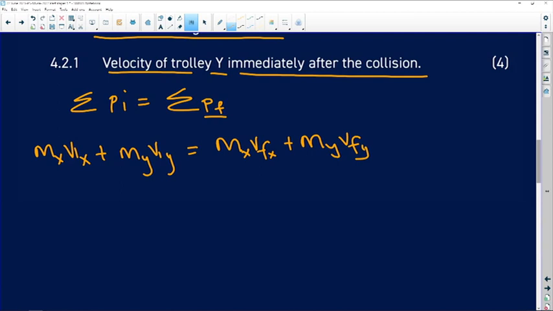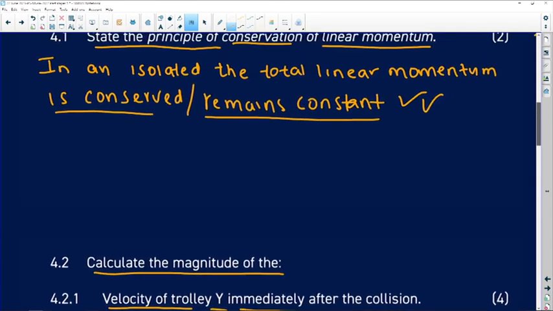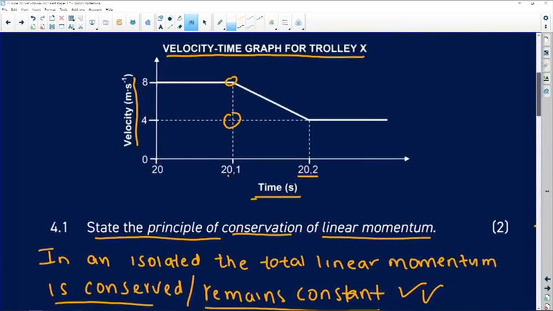We go to our question or our diagram and see if we have the masses.